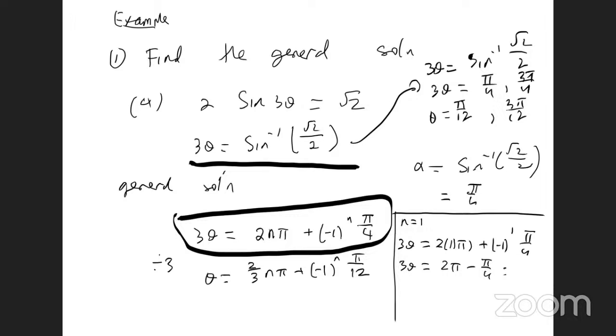2 pi minus pi on 4 is 7 pi on 4. Divide everything by 3, and we get 7 pi on 12.